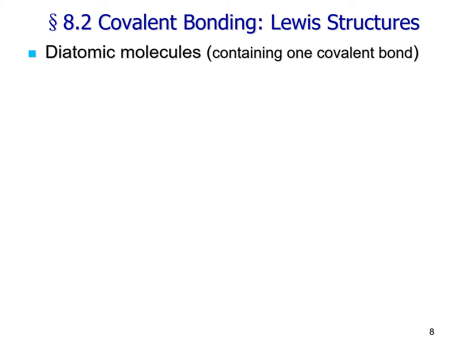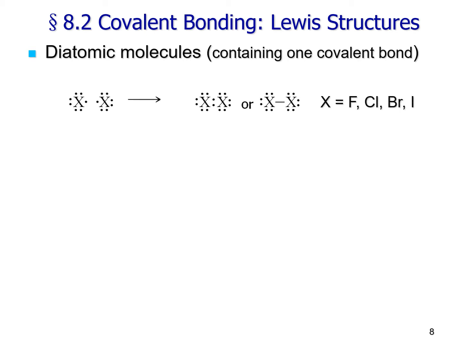Now, with that knowledge, those dots are going to find a way to pair themselves when the atom meets another. The simplest molecule we can think about is 2 atoms, right? So if we have 2 atoms start to approach each other, say we got 2 halogen atoms.